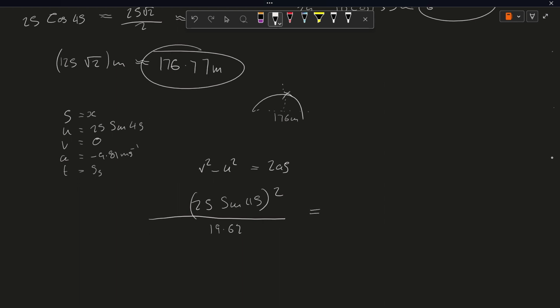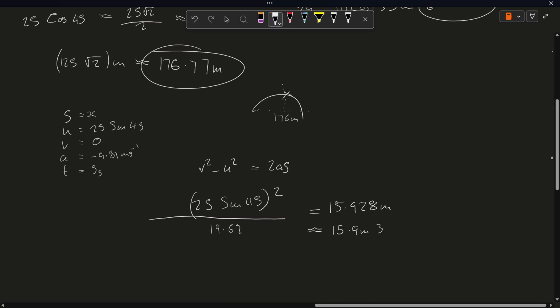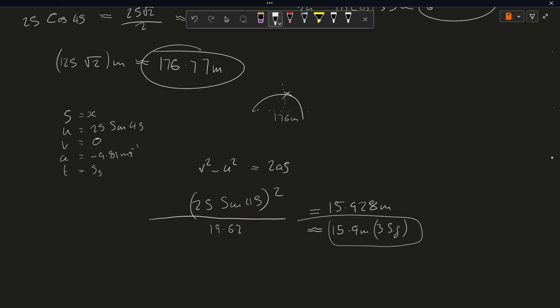When you put it in your calculator, you get 15.7. Okay, we have an answer. Simple.